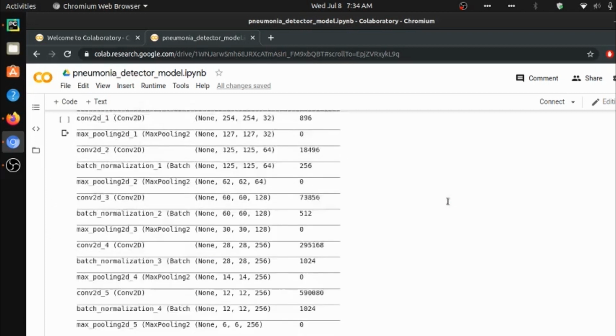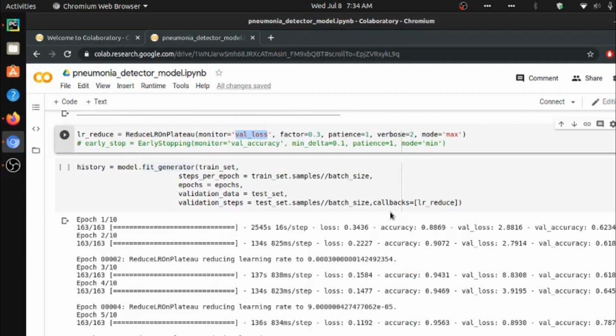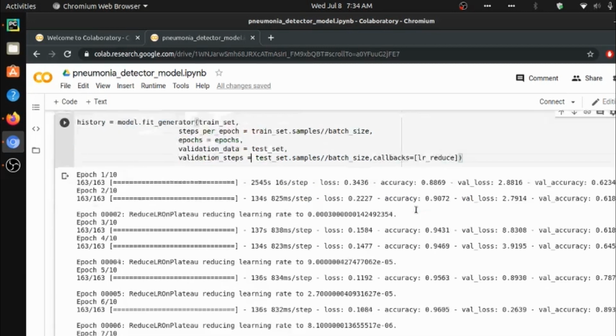Initially the learning rate is 0.01 and then it further decreases to 0.001 and then further when a plateau is faced. We had initially used early stopping, but in this particular model we have not used early stopping as a callback. So this is our model training, where we have passed the training set, the steps per epoch, the epochs, the validation data, the validation steps, as well as the callbacks.